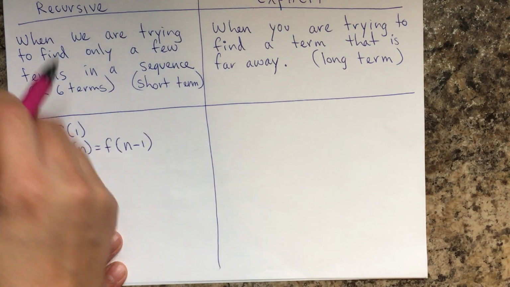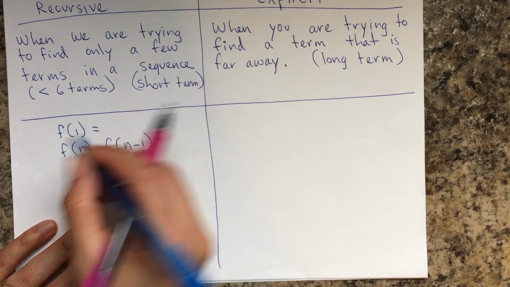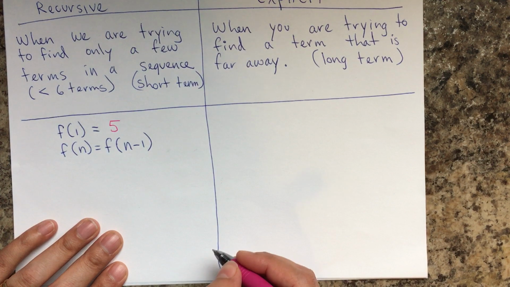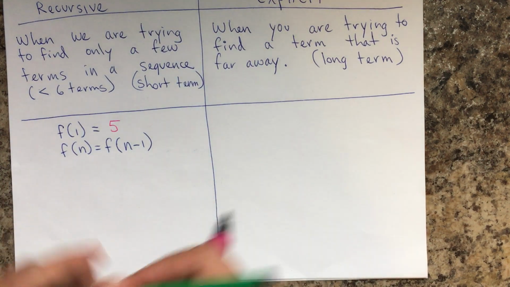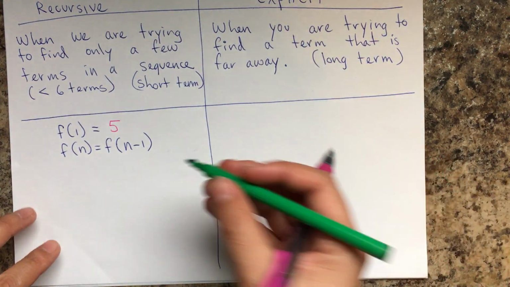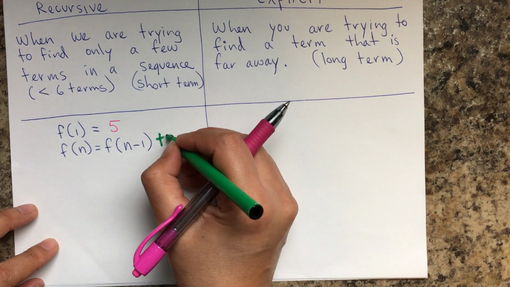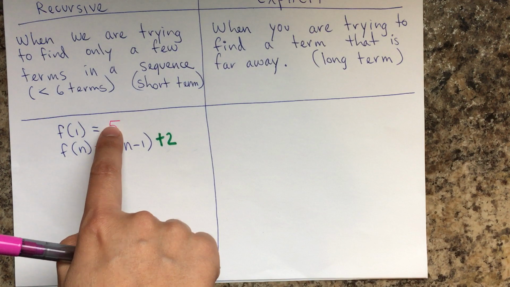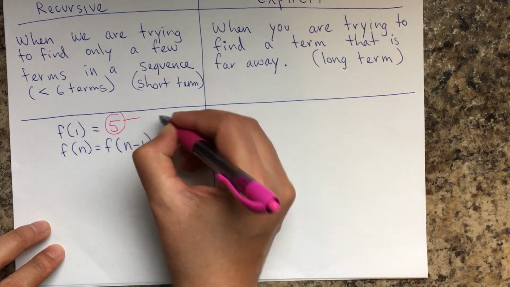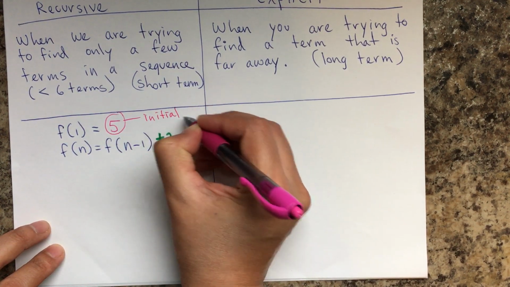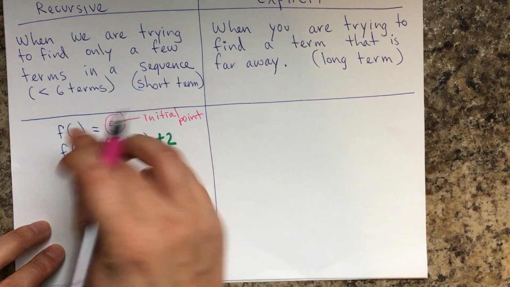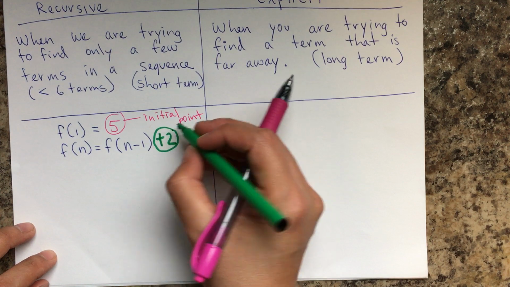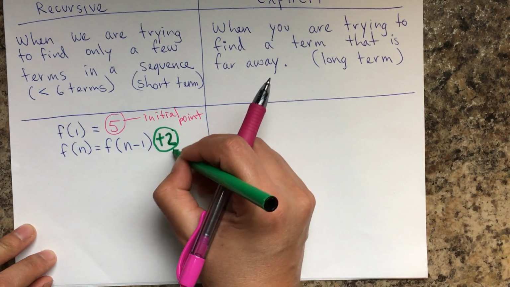And the initial point, it's f of 1. This is the initial point. So let's write maybe 5 in here. And let's say that for the pattern, we're going to be adding 2. Okay, so this is my initial point, and it goes with my f of 1. This is my pattern. Because it's addition, we call it common difference.